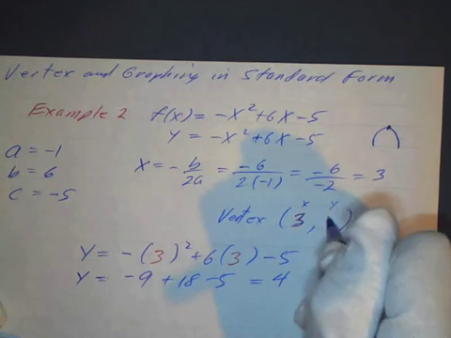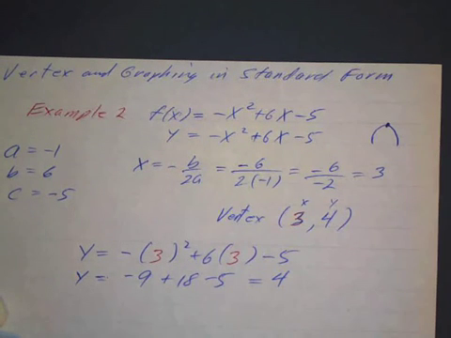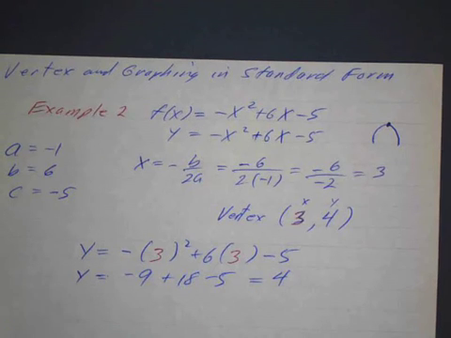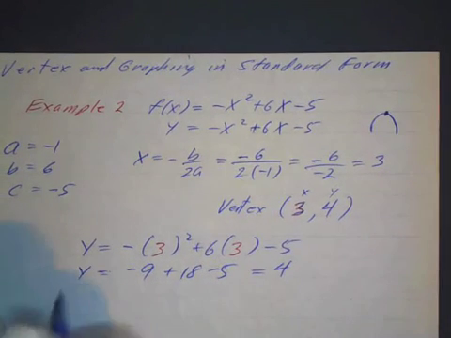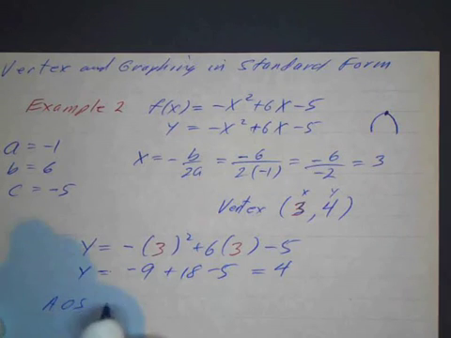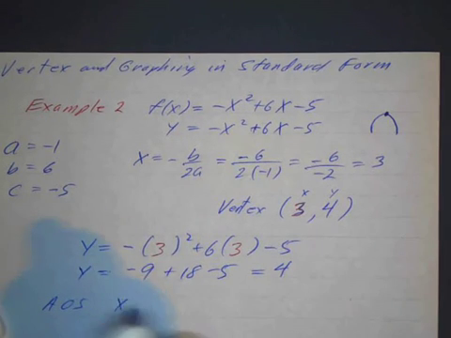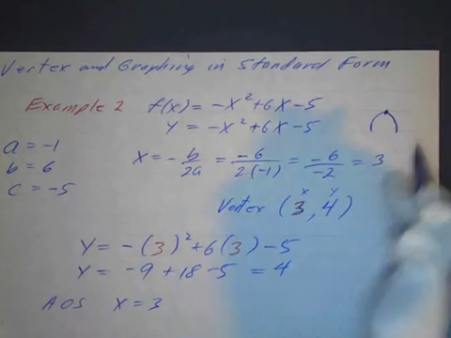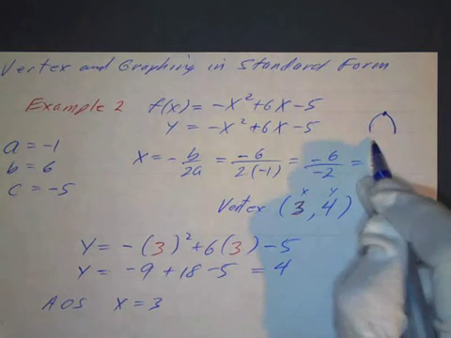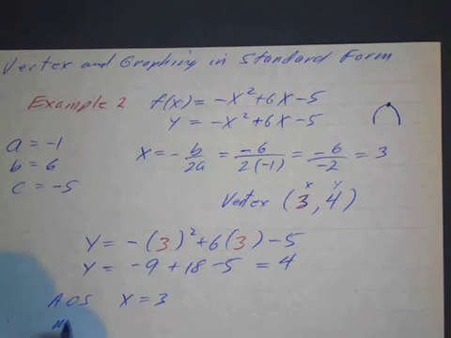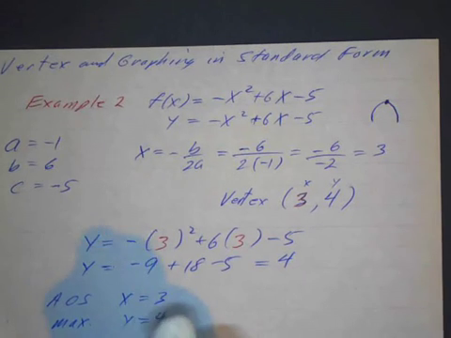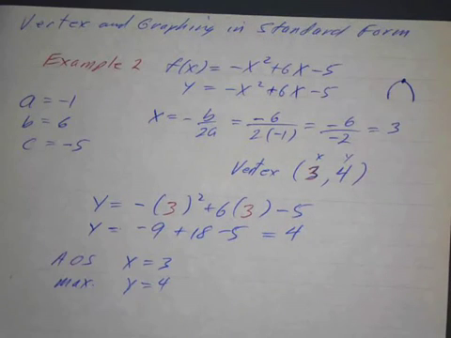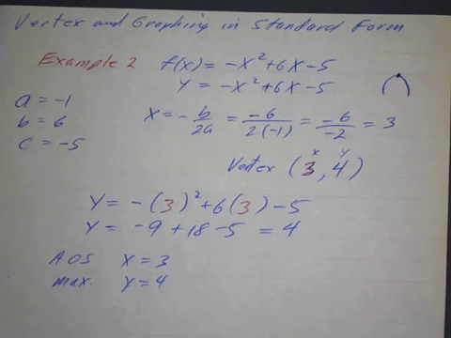So that's my y-coordinate for the vertex, 3, 4. Okay? So there's my vertex. I know my axis of symmetry is going to be x equals 3. And since this is shaped like an n, I have a maximum, so my maximum will be y equals 4. Okay? So far, so good.